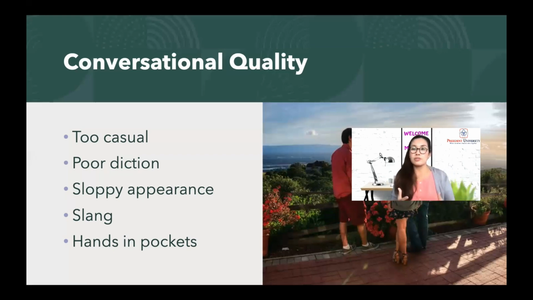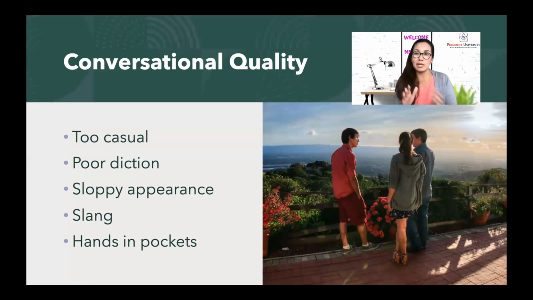Try to use words and terms that are professional, and in terms of body language, nonverbal communication, gesture, avoid something that is going to disrupt the flow of the speech. For example, placing your hands in your pockets, or folding your arms, because it shows that you are being unfriendly or cold, right?